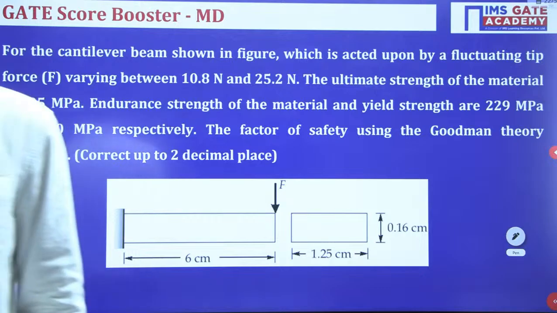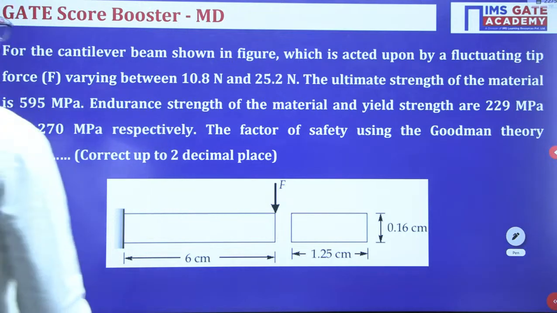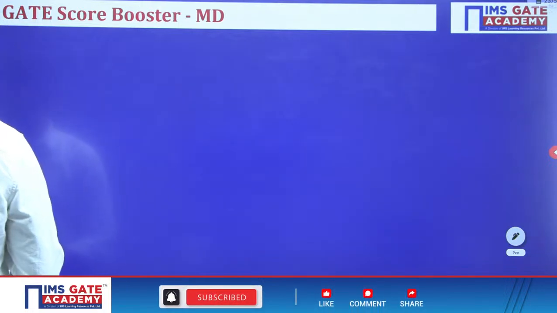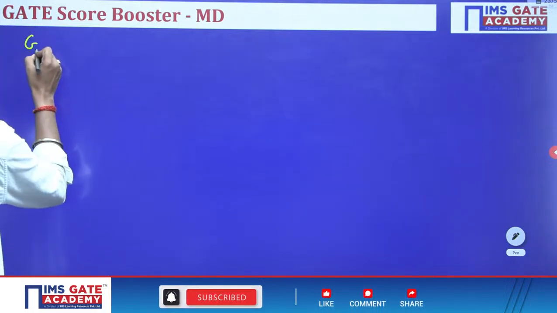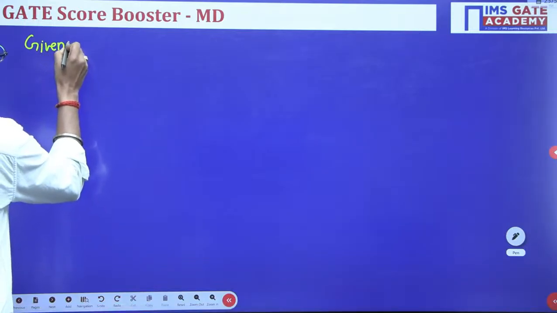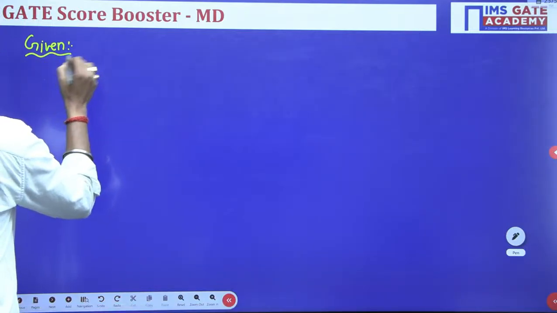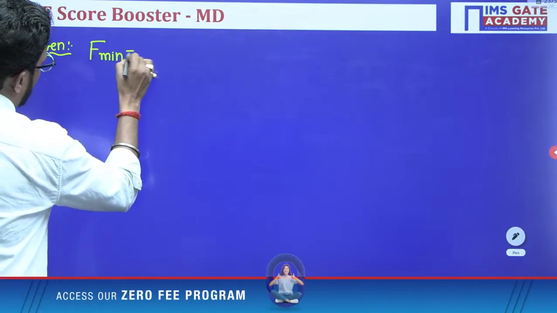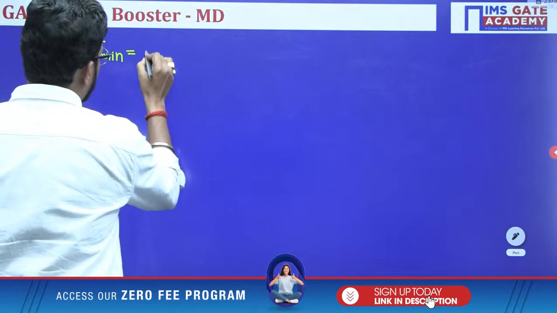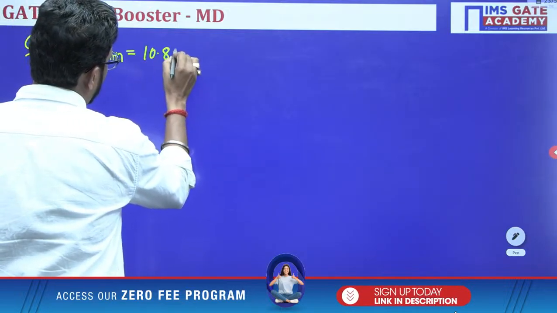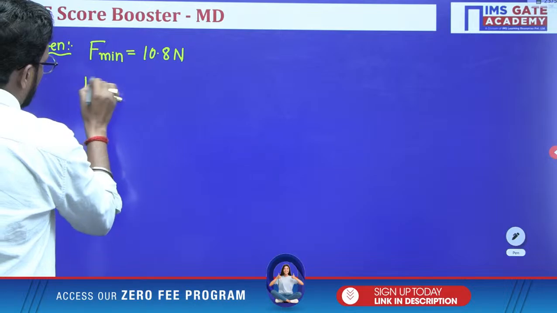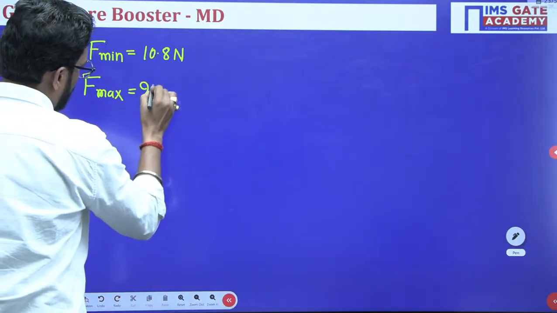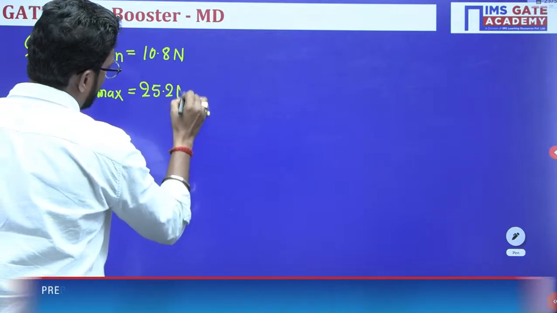Okay, let's start this problem. Given: minimum force and maximum force are of the same nature, minimum force 10.8 Newton, maximum force 25.2 Newton.